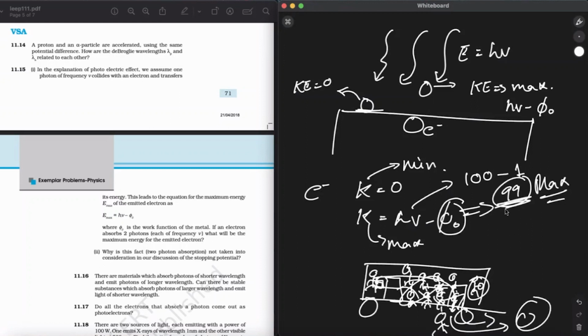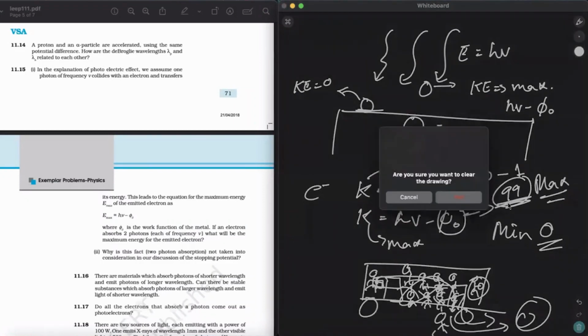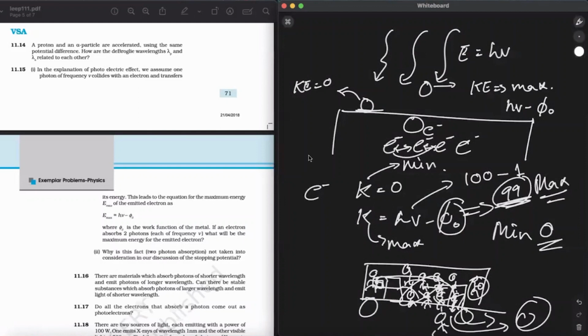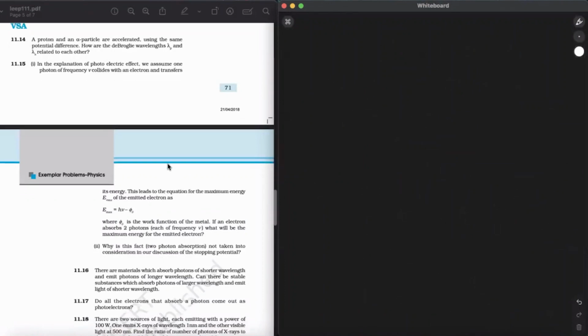So the maximum is 99 and the minimum will be 0. Some energy may be lost in moving through the different electrons. One electron is facing a repulsive force from the other electron, and when you move through it, you lose some energy. So that is what I was trying to explain to you.